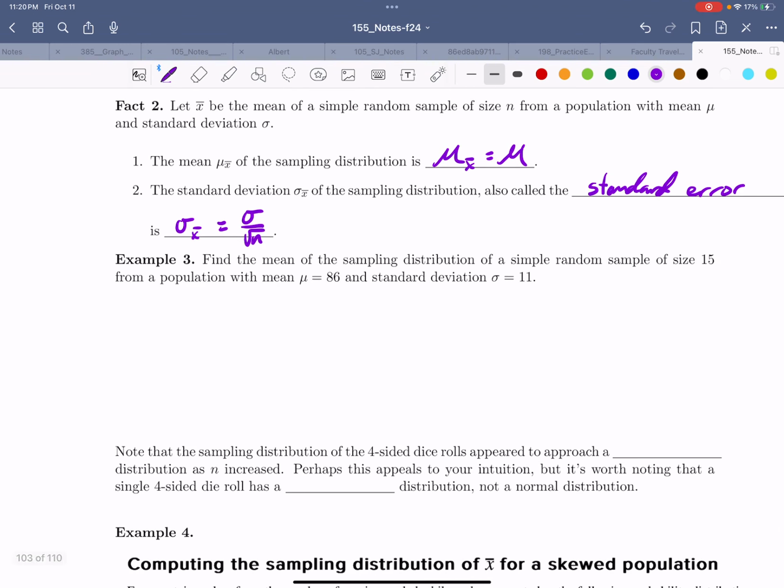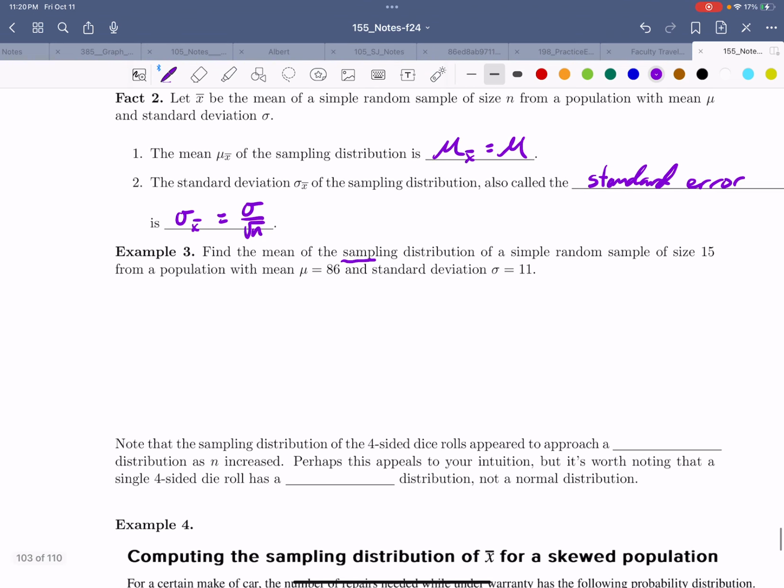Right? So for example, keep in mind the sampling distribution. Simple random sample of size 15, population mu equals 86, sigma equals 11. So n equals 15. All right, so the sampling mean is the same as mu, which is 86.